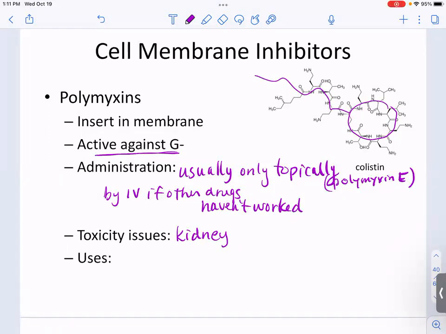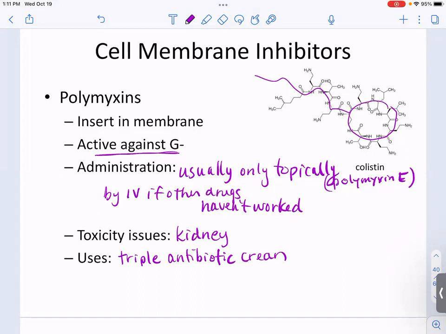So if it's a topical drug, we're typically going to use this for skin infections. This is the third antibiotic in triple antibiotic cream. Along with, remember, we had a cell wall inhibitor, bacitracin. Our protein synthesis inhibitor was neomycin.